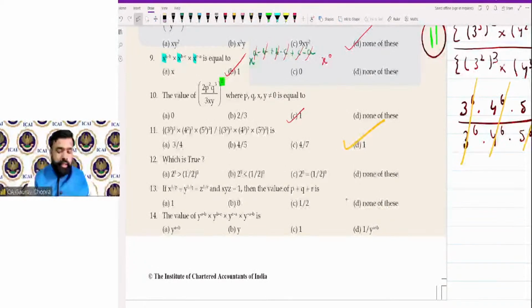Which is the correct option? Option number C. Yes. Sonal has given C. Komalpreet says C. Manisha C. Because 2 to the power of 0 is 1 and half to the power of 0 is also 1. So both are equal. Option number C.